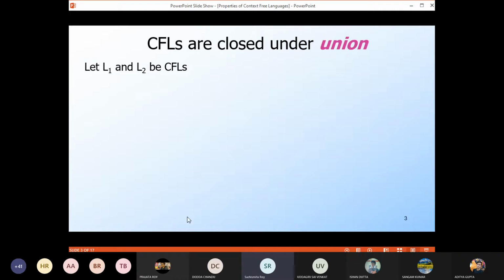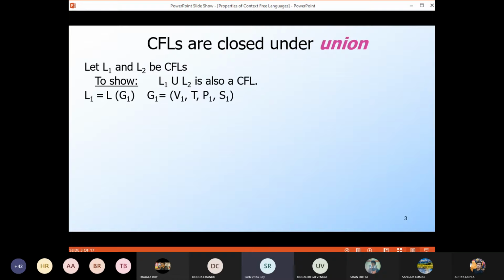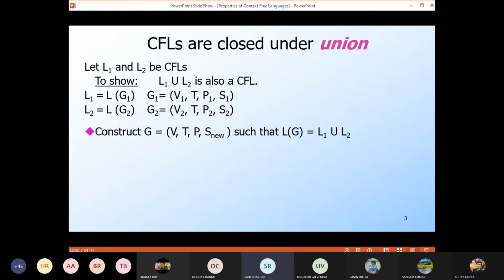So let L1 and L2 be 2 context-free languages. Now to show that L1 union L2 is also a context-free language, we are going to take these 2 languages in the form of context-free grammars. So we have now 2 grammars, and we are going to construct a third context-free grammar such that the language of the grammar is the union of L1 and L2.